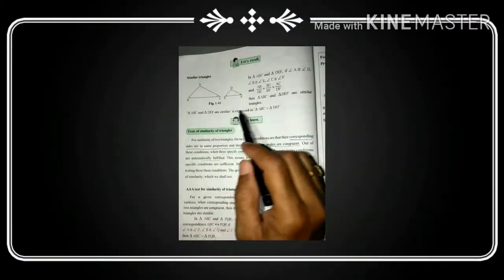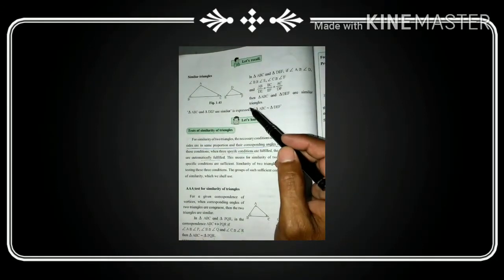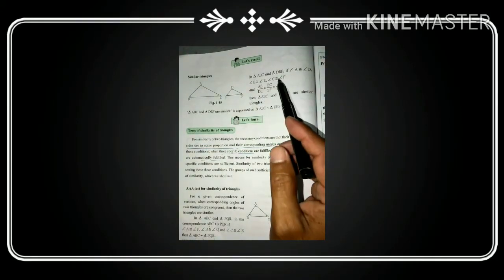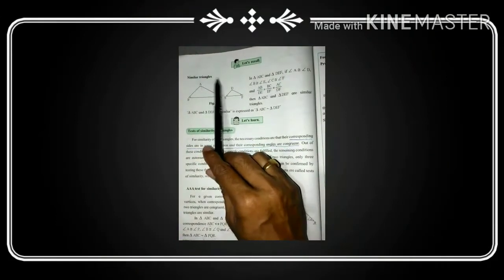In the mathematics part two, first lesson: similarity. The next point is similar triangles.